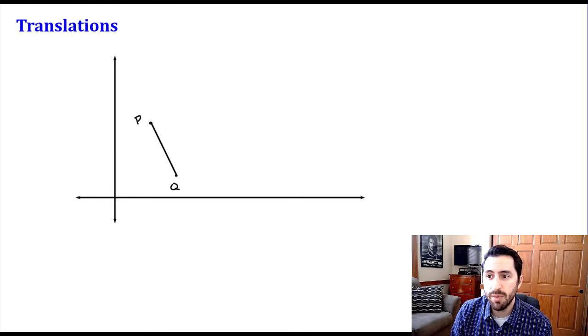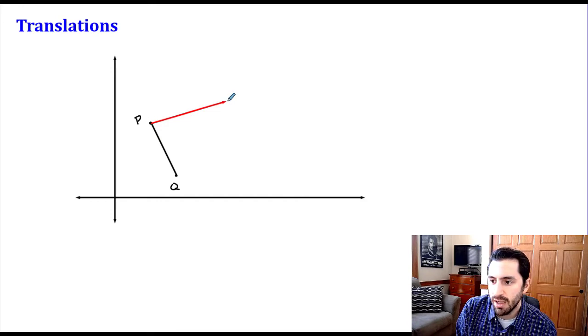So for example, maybe I'll start with point P, and I'm going to slide this point to end up in this location over here. So point P is going to slide along this arrow, and it's going to end up right here at the end of that, and that's going to be the location after the translation. If point P was on my pre-image, my new point after doing my transformation, we call that the image.